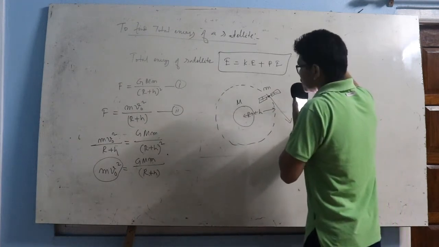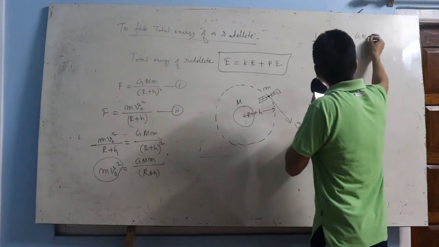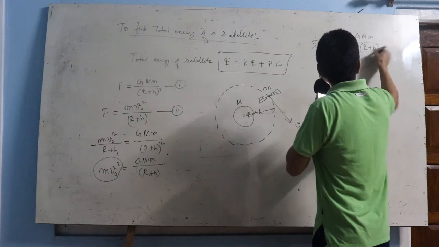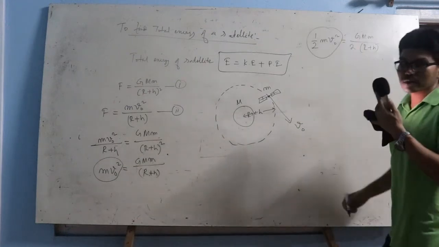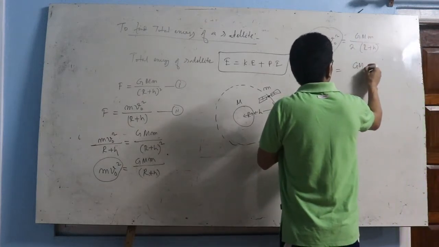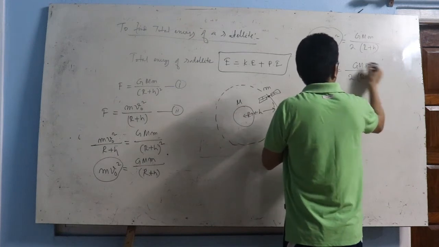Half of mvo square is equal to gmm by 2 times of r plus h here. So this is your kinetic energy, half mv square. So directly you can write kinetic energy is equal to gmm by 2 times of r plus h. This is the equation of kinetic energy.